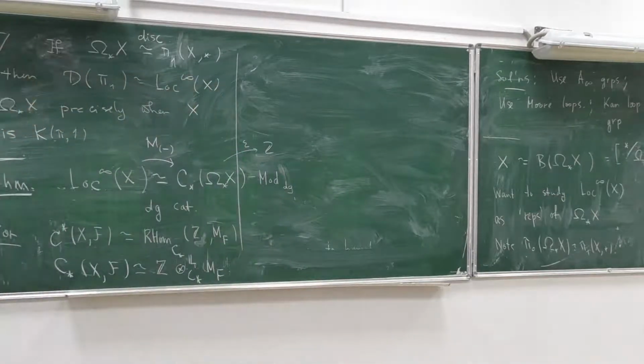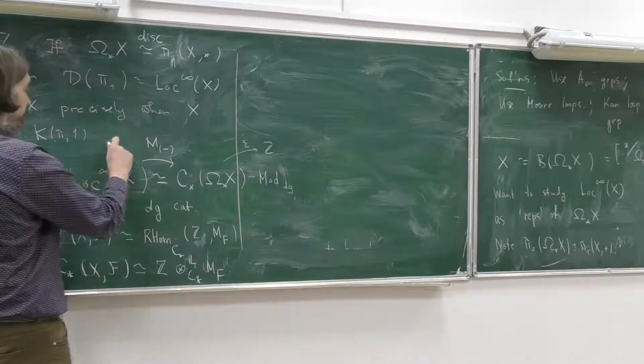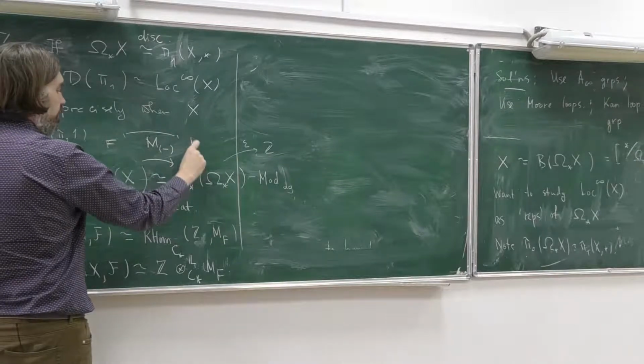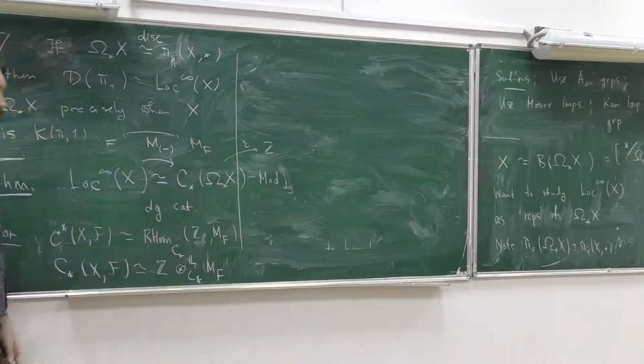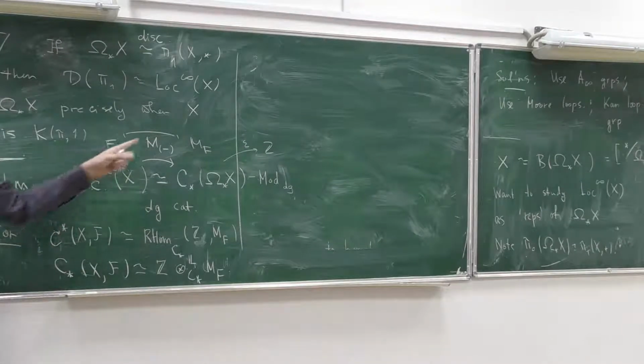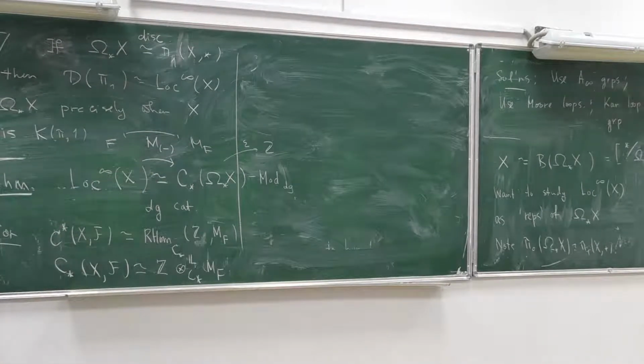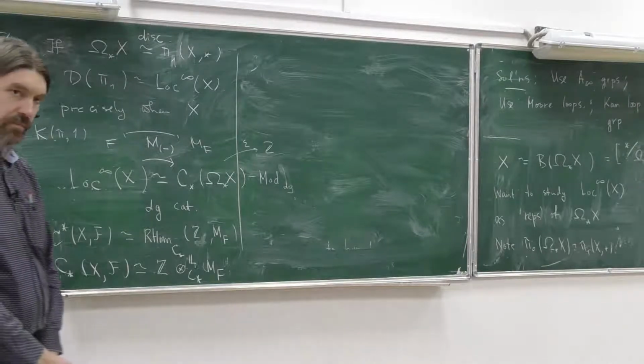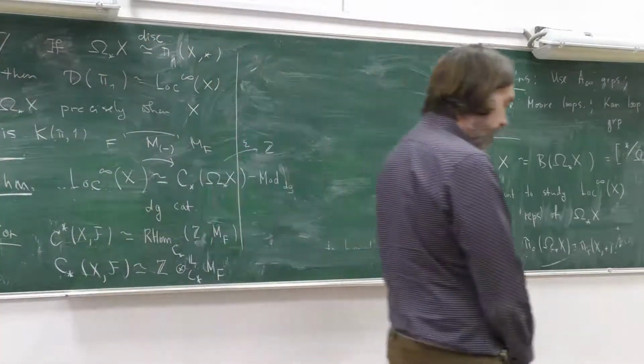What is MF? I'm calling F goes to MF. So F is a sheaf. M is the functor that takes F to MF. Did we construct it? No, it's kind of buried in the proof of this theorem, and we're never going to use it.